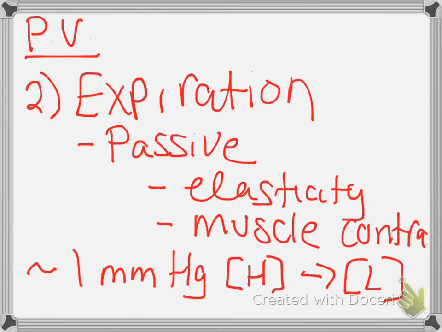This is kind of what is happening with air. Air has built up and wants to move to a lower concentration, and that's where you get the exchange of air moving out of the lungs.